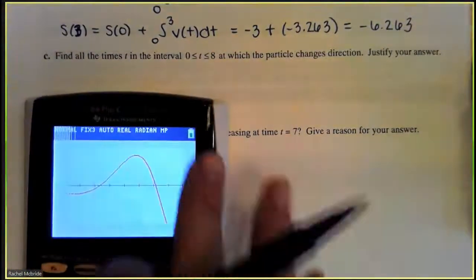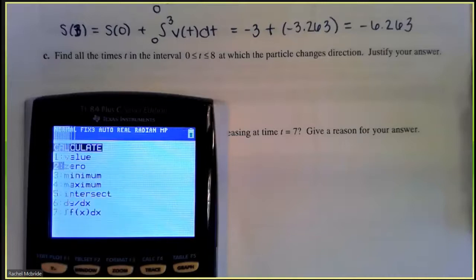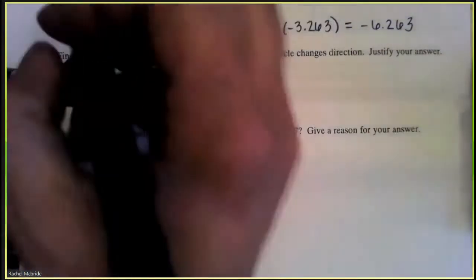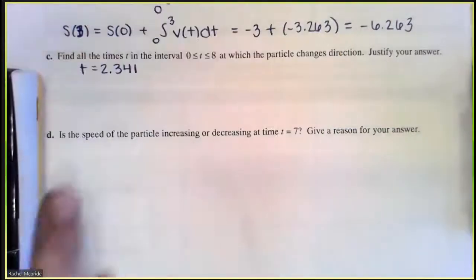So it says find all times in the interval at which the particle changes direction, justify your answer. I'm going to go to second trace, zero, because when the velocity is 0 is where it changes direction. I'm going to go to the left of that 0, to the right of that 0, and find that 0. So the first 0, or time, is at 2.341.